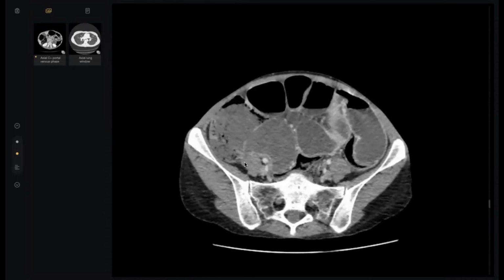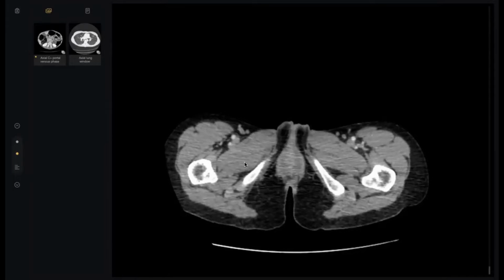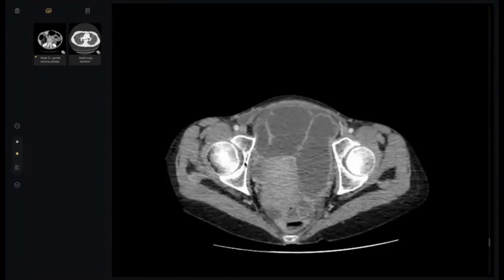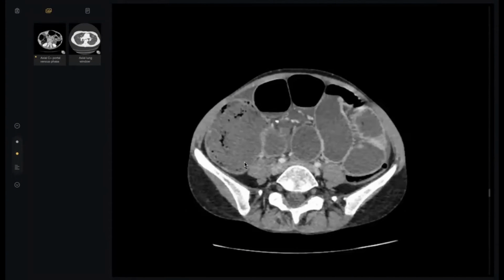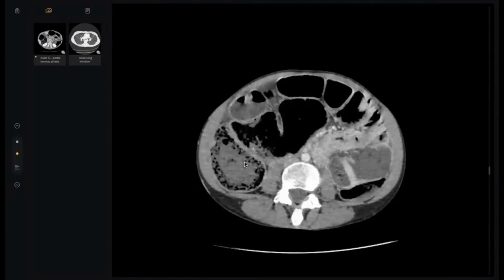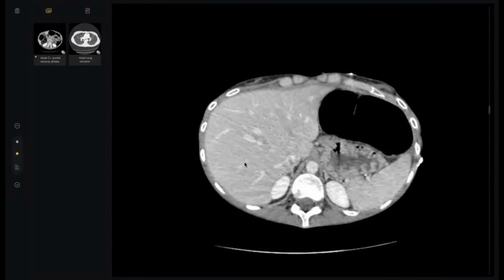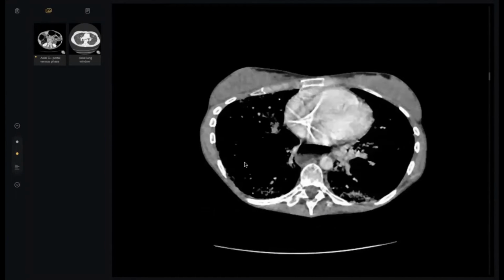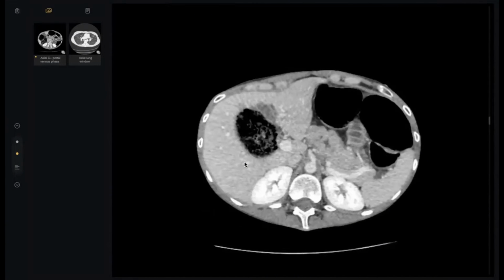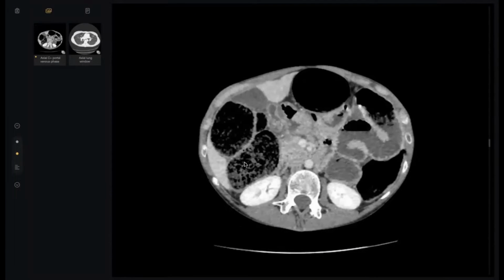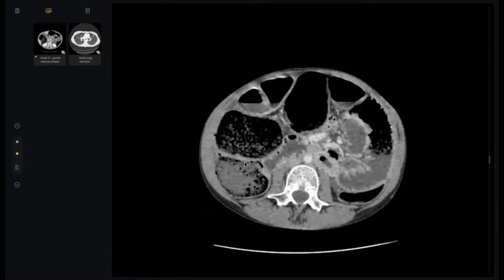I can see that there is marked dilatation of the bowel loops. These are dilated small bowel loops filled with fluid. I'm trying to look for any transition point.